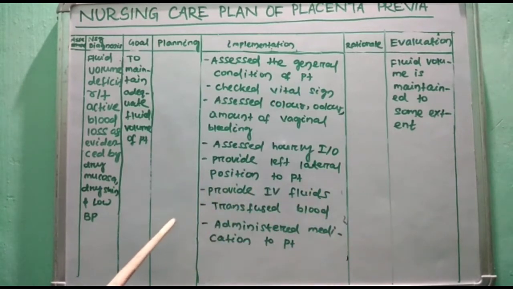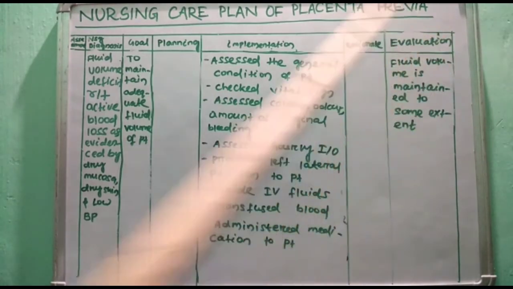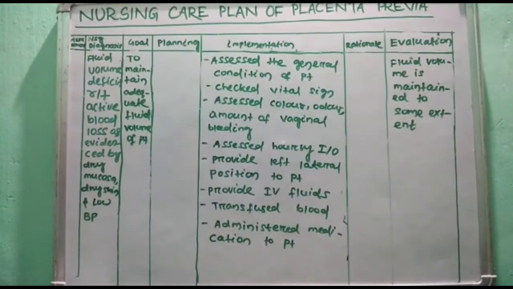Then next planning is medication to be administered to the patient as advised by the physician. Here in implementation, administer medication to the patient as advised by the physician, rationale is to control the bleeding and other associated factors. Evaluation is fluid volume is maintained to some extent.